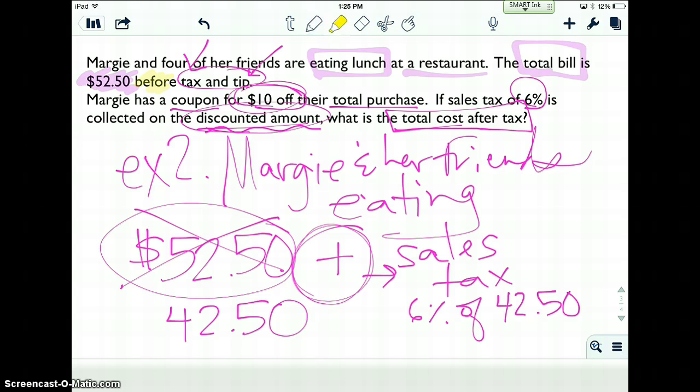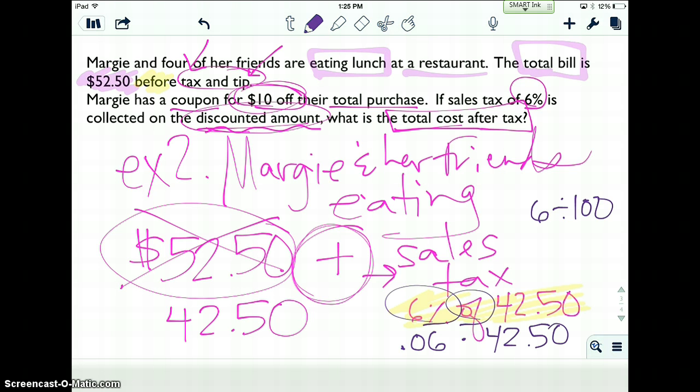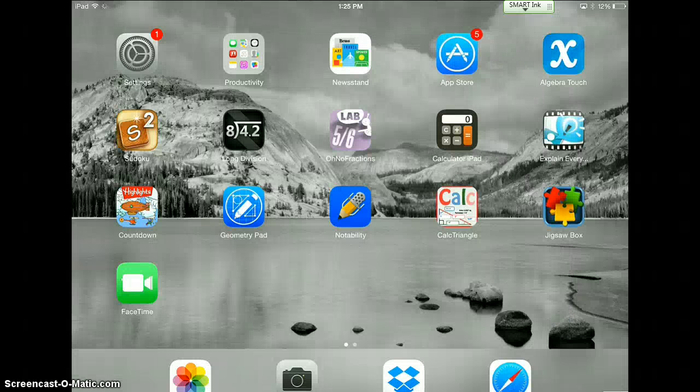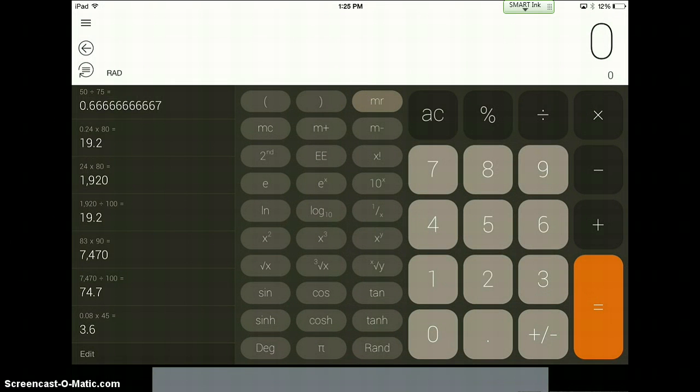So now I'm going to calculate out 6% of $42.50. So how do you do it on the calculator? It's what we've practiced. 6% as a decimal. If I'm unsure on the calculator, I'm going to do 6 divided by 100, which will tell me that that's 0.06 of, multiply, 42.50. So I'm going to go ahead and do that. So I had, what was it again?